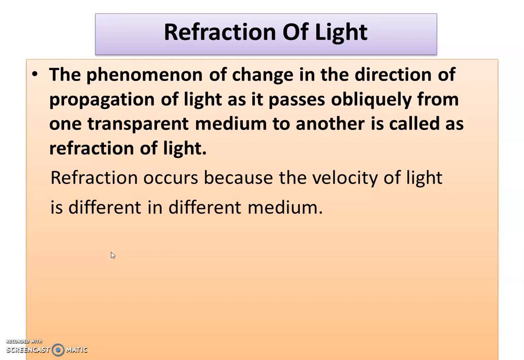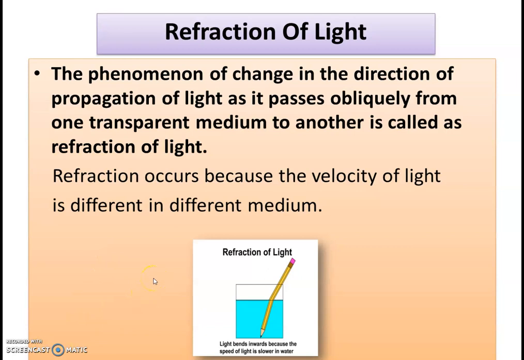Now let us look at the following diagram. In this diagram, you will see that a pencil is dipped in water, but when we see the pencil, we see that the pencil is bent. This is due to the refraction of light. When the light rays come from the pencil, from water to air, water is a transparent medium and air is also a transparent medium.